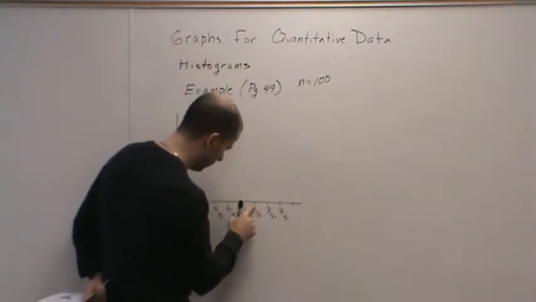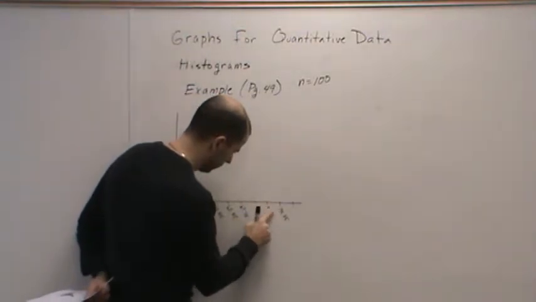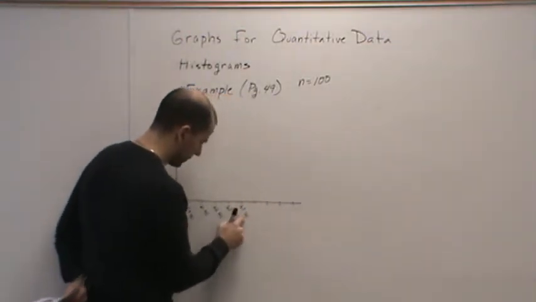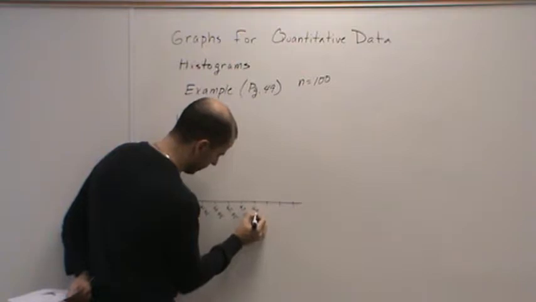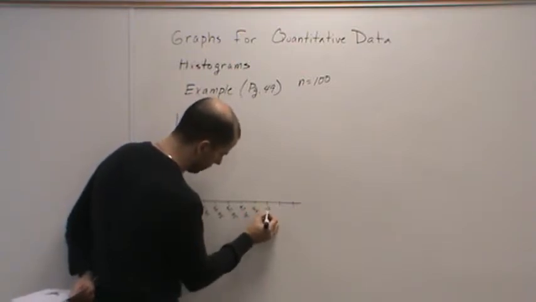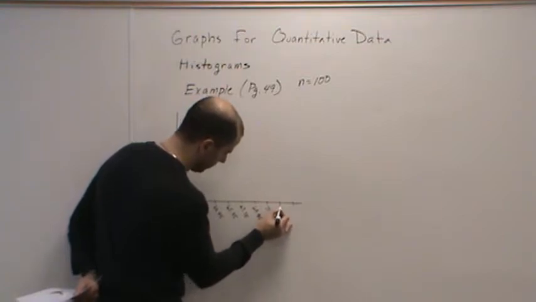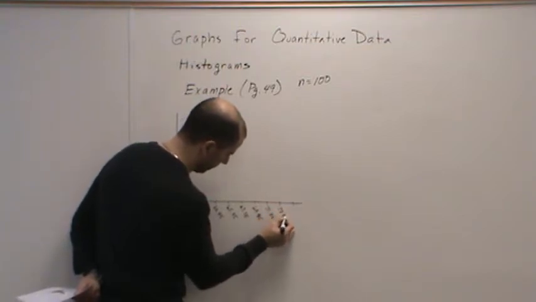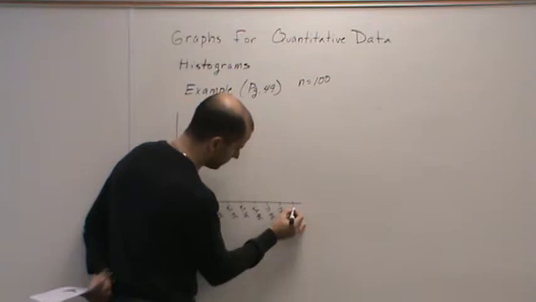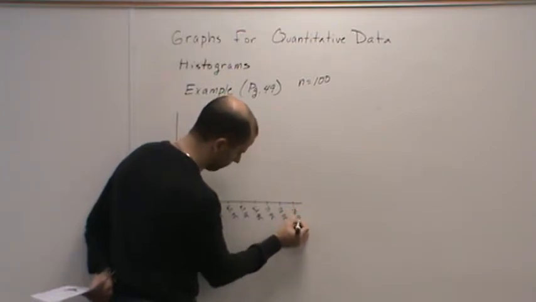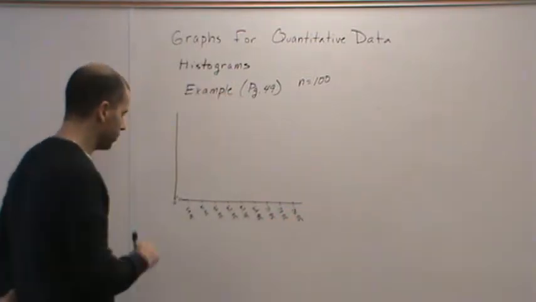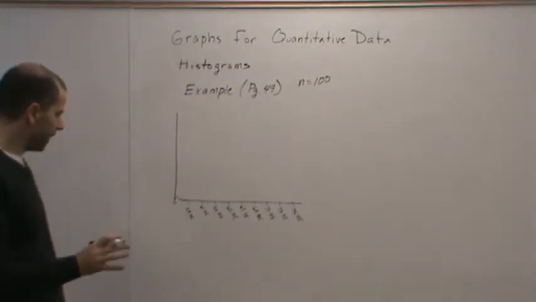I knew I missed one. 67 to 69. 69.95, 71.95, 73.95, and now 75.95. Okay? Okay, so now I got everything marked.